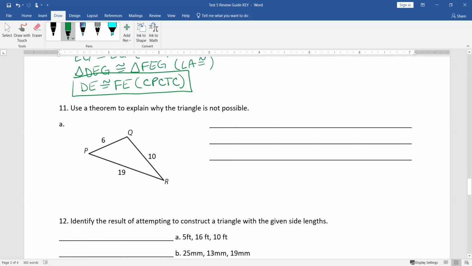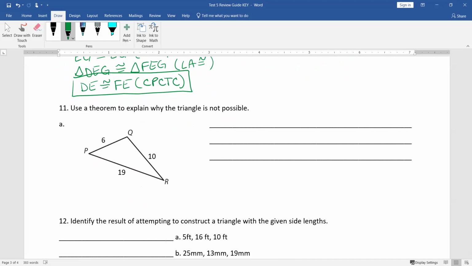Use a theorem to explain why this triangle is not possible. Anybody want to take a quick guess? Anybody see it? Yes. Why? PQ and QR are not long enough.